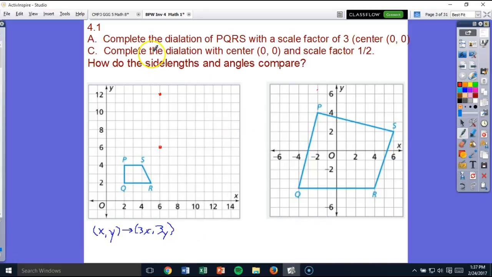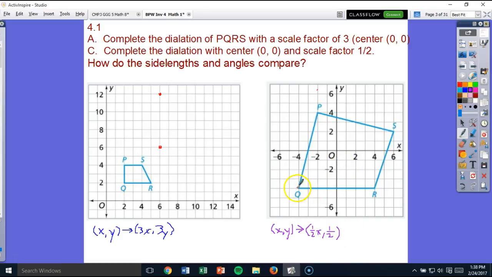Same thing, if we're going to complete the dilation with center (0, 0) and a scale factor of 1/2, we are going to need to go from (x, y) to (1/2 x, 1/2 y).